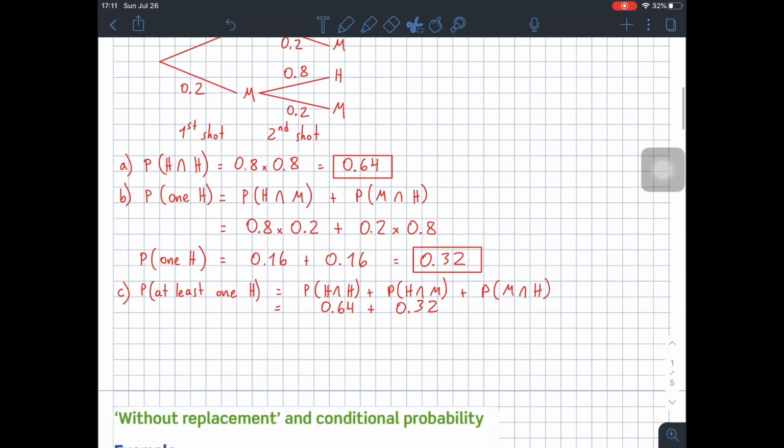If we add both of these, we're going to get the result, which would be equal to 0.96. So the probability of hitting at least 1 bullseye is almost 100%, right? It's 96%. Okay, so this would be the long way if you would have to calculate all of these terms.